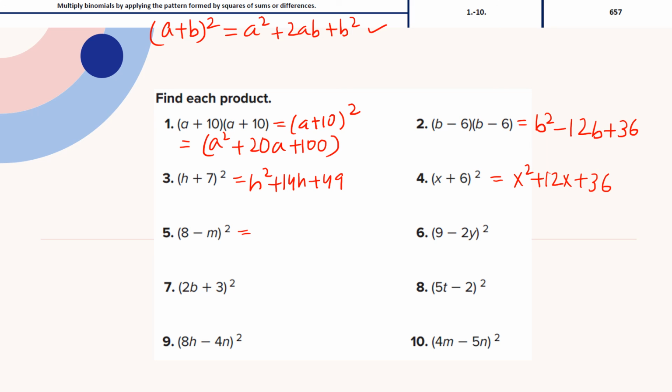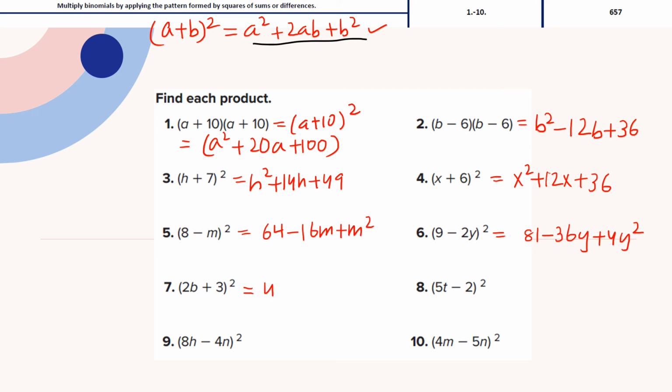This one would be 64 minus 16m plus m square. This one would be 81 minus 36y plus 4y square. Same way, we are just using this identity to give the answers.